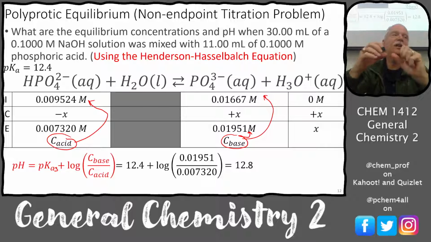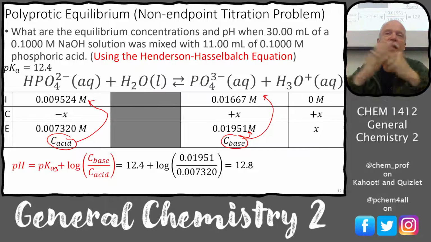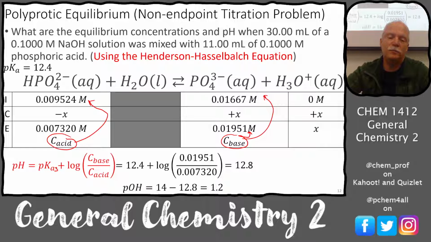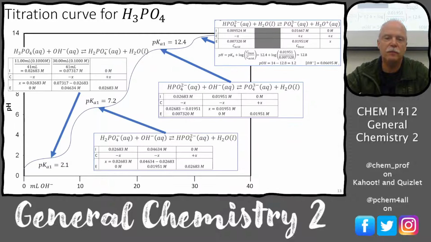You could just look at the mole ratios and say, okay, I've got 1.5 times the amount of base that I have acid. That would tell me I'm in the second proton. Here we're close to 3 times, and so we know we're in that third proton equilibrium. And so then the pOH is 1.2, the pH is 12.8. Okay, same kind of results that we got for the previous one.